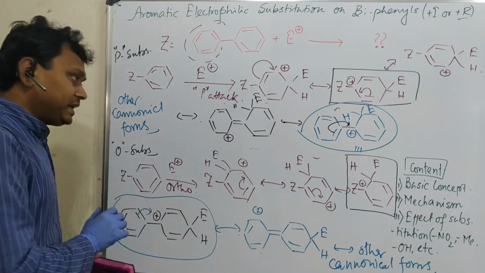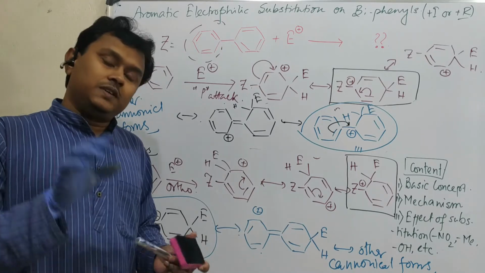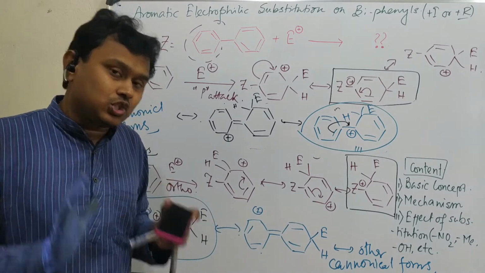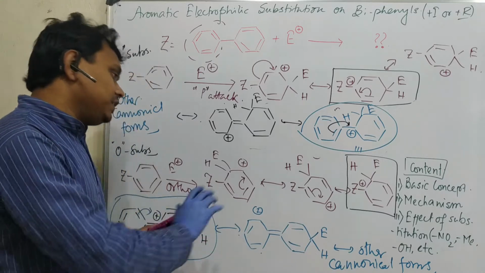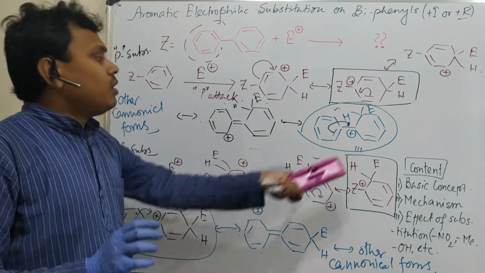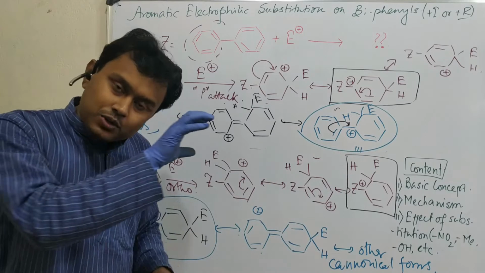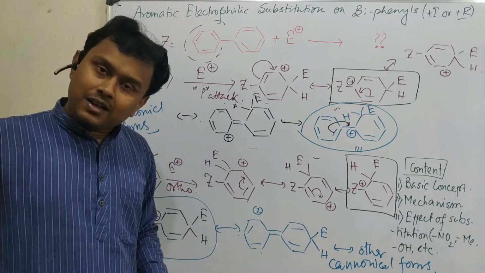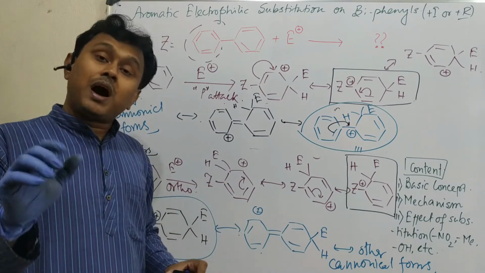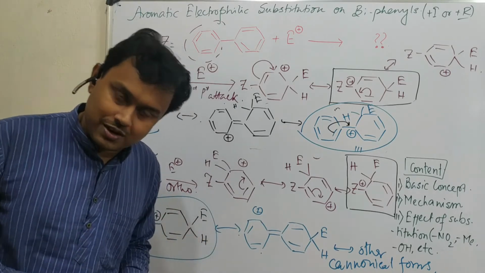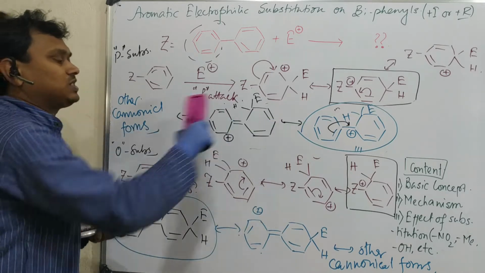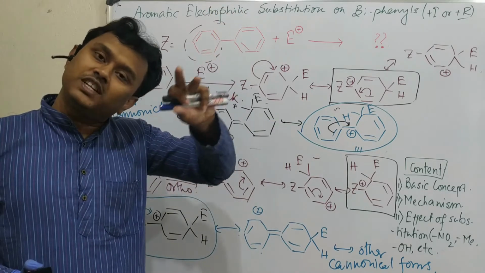If so, then according to the principle of microscopic reversibility, if there are many options for a particular reactant to go to a product, the corresponding path that will be followed is the one associated with the lowest energy of activation. In meta, there is no such stabilization, so the corresponding energy of activation is higher.